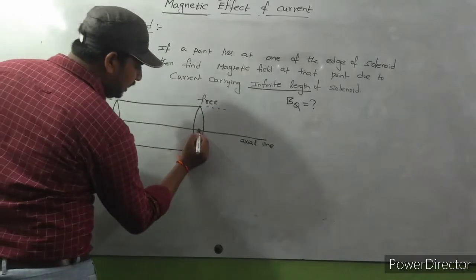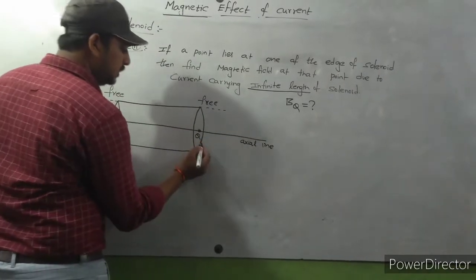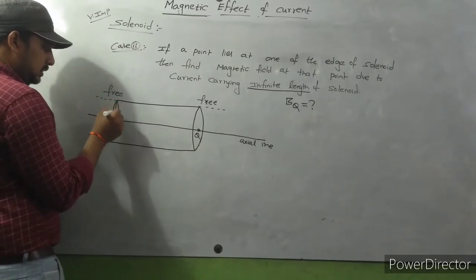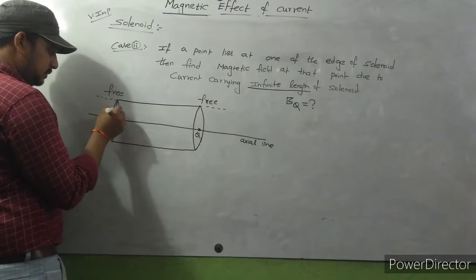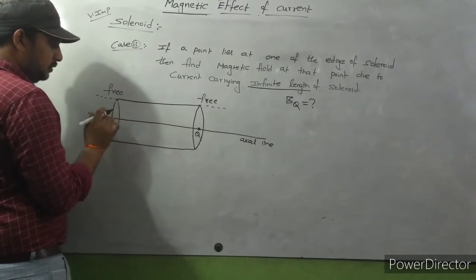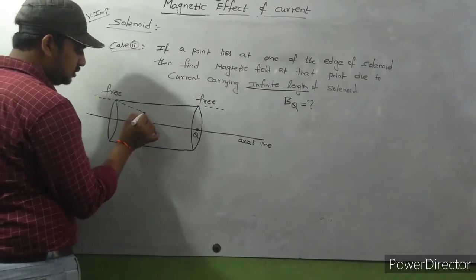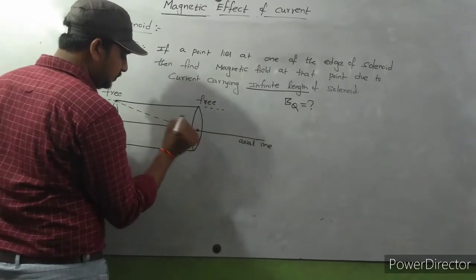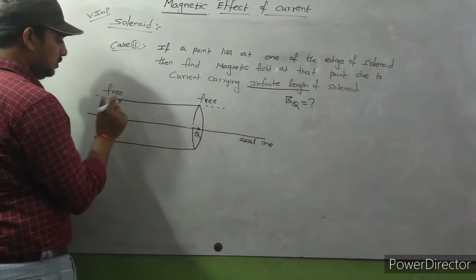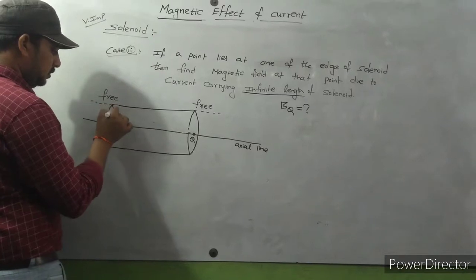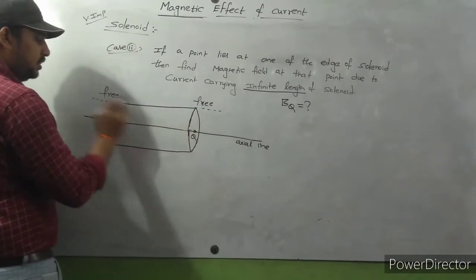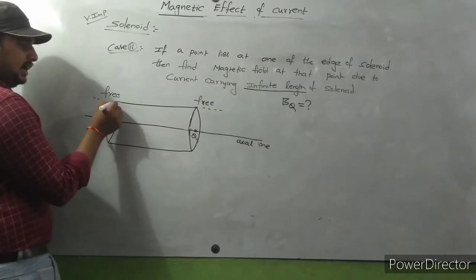But observe carefully what we need to find: the magnetic field at Q. So based upon this, if you just join these two ends, observe carefully here. Here this is a free end.